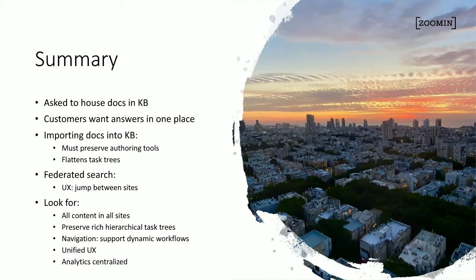We need to be able to preserve the richness of product content. That's why we build those task trees in the first place. And we need to, ideally, be able to support these dynamic workflows that we were looking at a moment ago, have a single unified user experience in each of these sites, and have the same analytics for each of these sites as well, and then centralize them all together in one place.